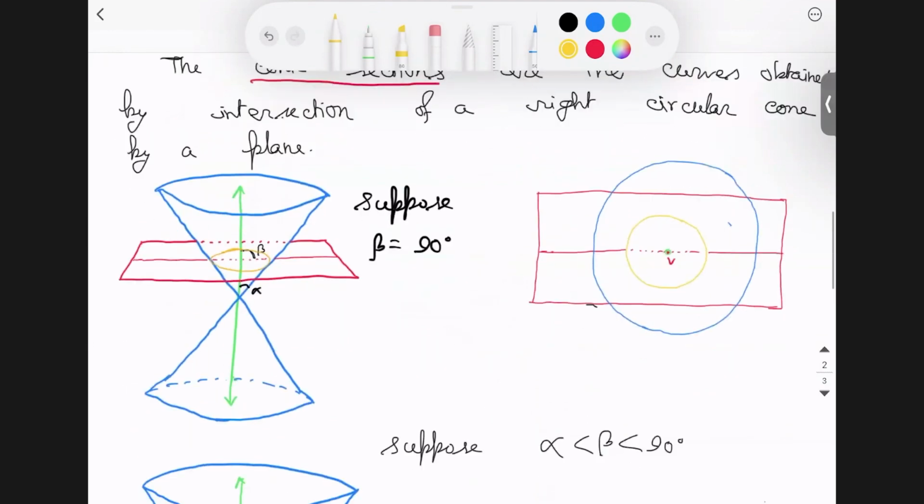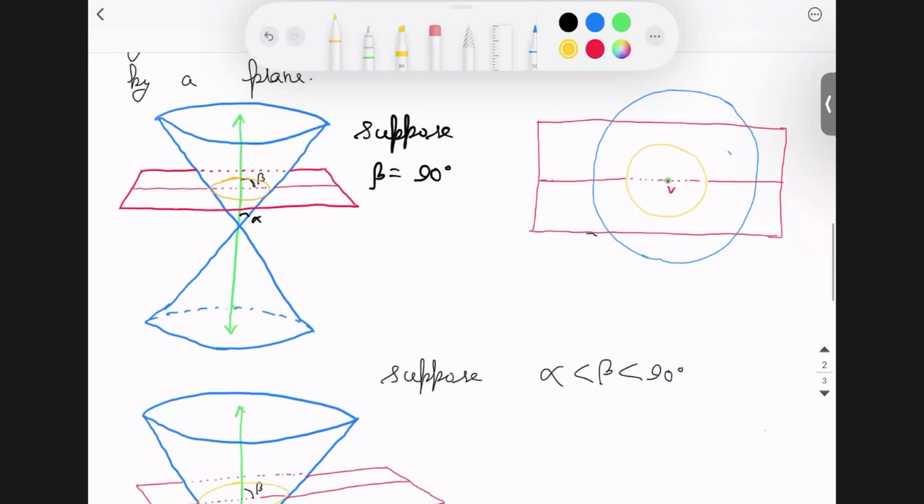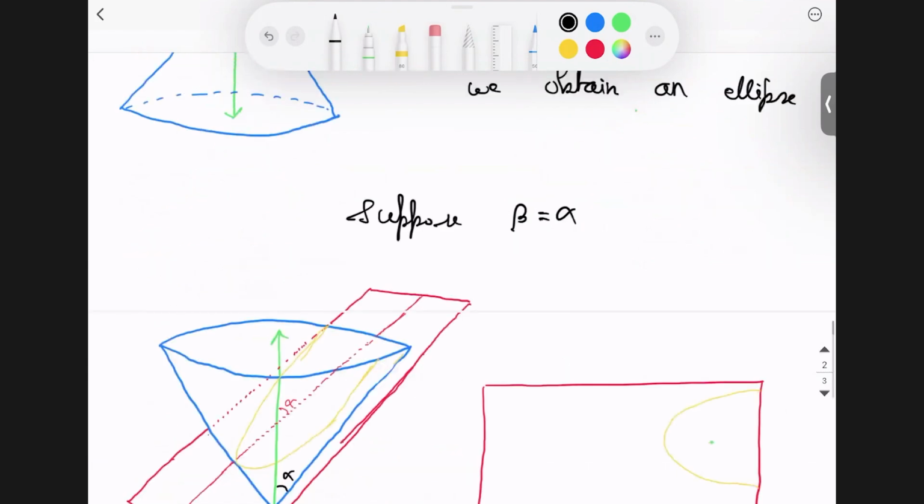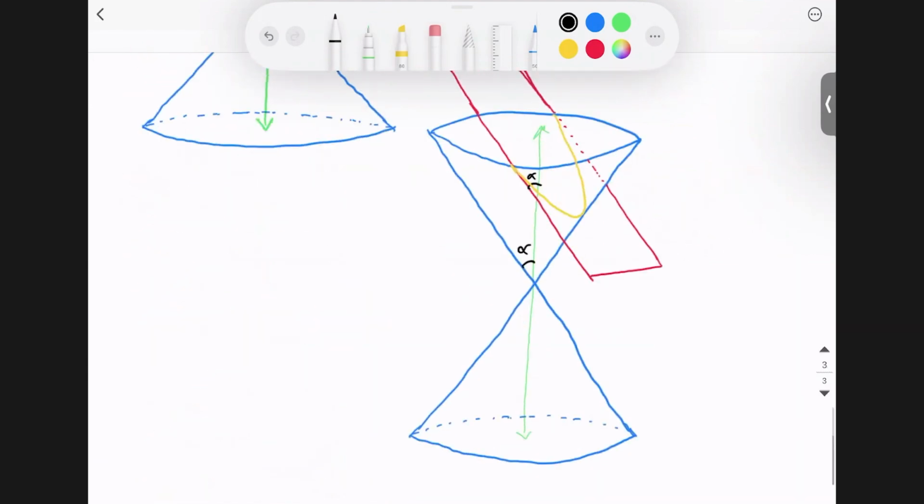In that case, we obtain an ellipse. Here we obtain a circle. Here we obtain an ellipse. Here we obtain a parabola.